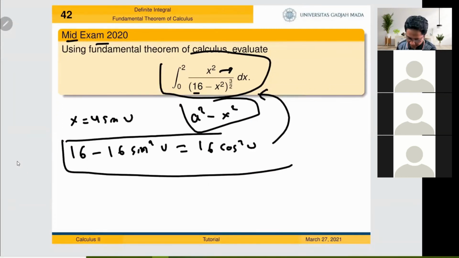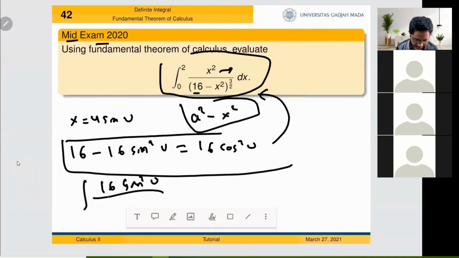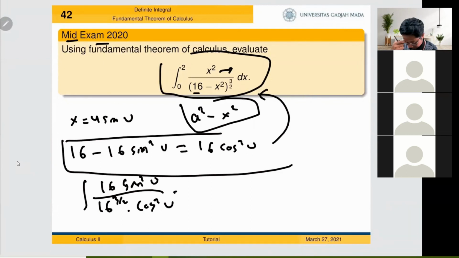And if you substitute this, you will have 16 sin squared u over 16 cos squared u to the power 3/2, cancel. So I have 16 to the 3/2, and this part I have cos squared u, right? And what is my dx? If x is equal to 4 sin u, then dx is equal to 4 cos u du.